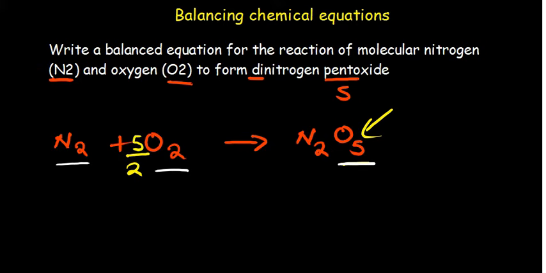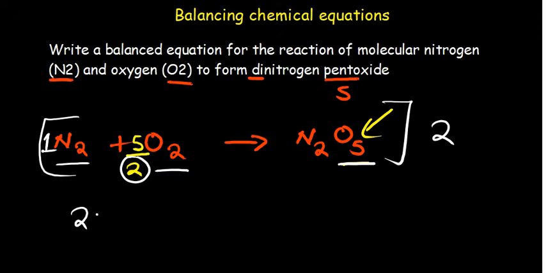But when we are balancing equations, they want us to balance with whole numbers. So we'd have to multiply the entire equation by the fraction. What number do we have on the bottom? We have a 2, so multiply the entire equation by 2. So there is a 1 there, so it becomes 2 nitrogen plus, so the 2 will cancel out that 2, and we remain with 5 oxygen atoms.